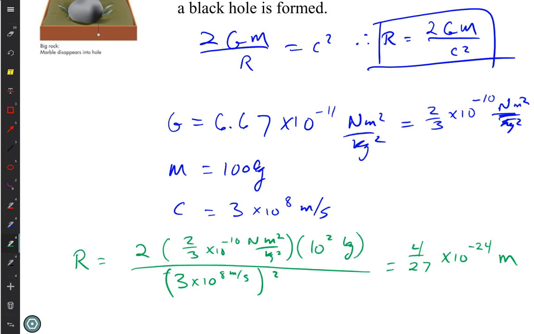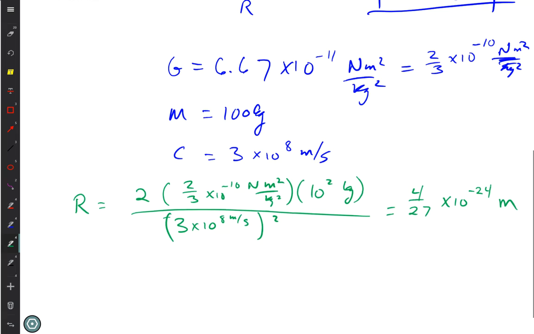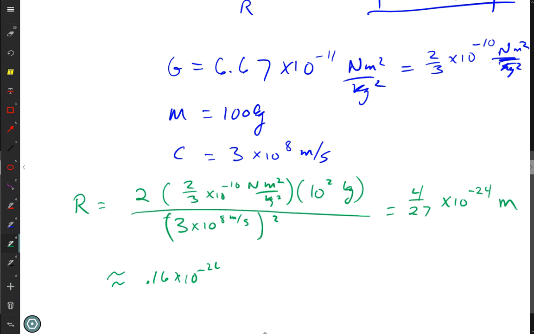And if I multiply top and bottom by 4, I'd have 16 over 100, 0.16. So this is approximately equal to 1.6 times 10 to the minus 25 meters.